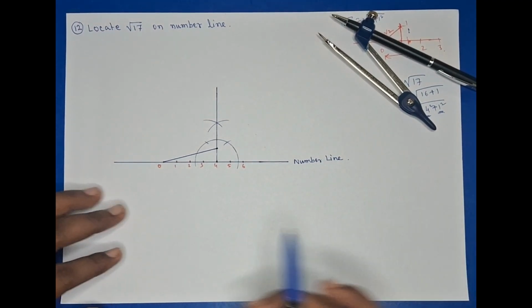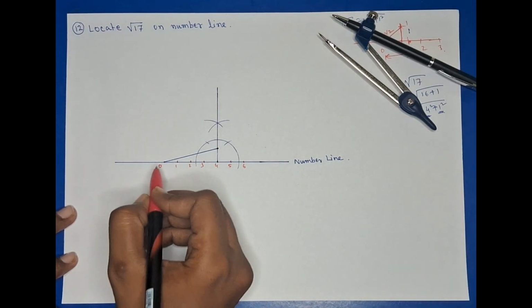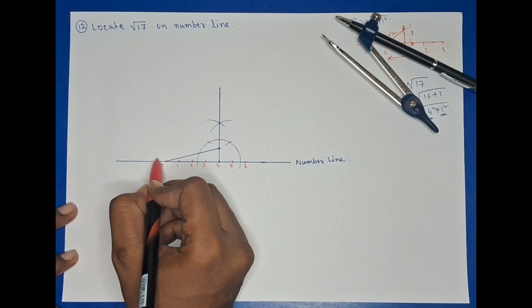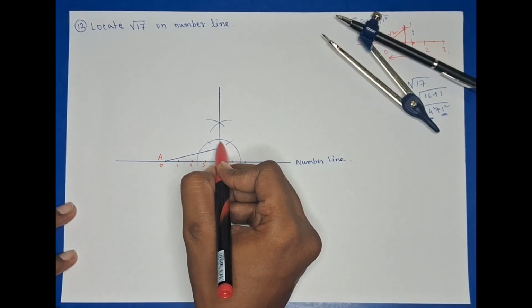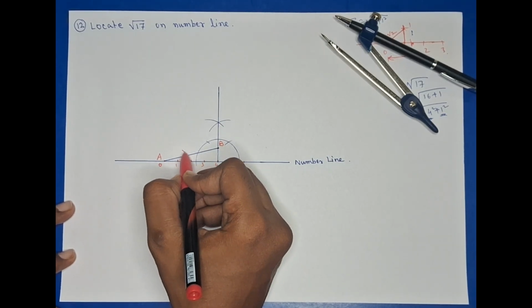If we name it as A and this is B, then this AB is root 17, square root of 17.